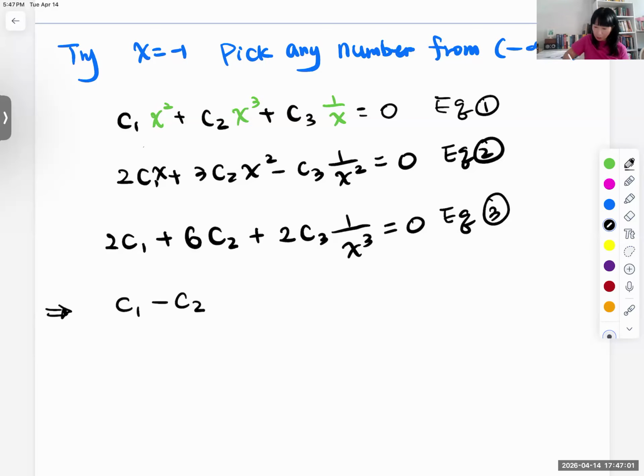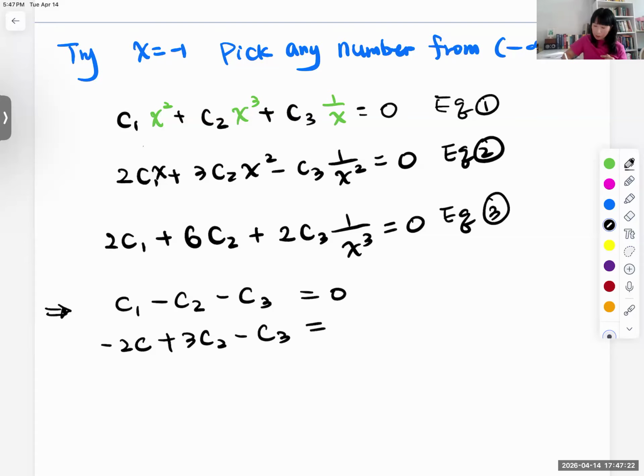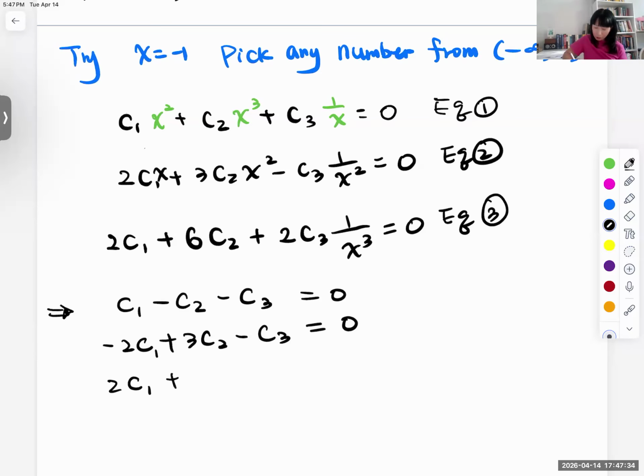Equation 2: negative 2c sub 1, positive 3c sub 2, negative c sub 3, equals 0, right? Okay, now equation number 3: 2c sub 1, sorry, c sub 1 was missing, plus 6c sub 2, and the third term is negative, so negative 2c sub 3 equals 0, right?